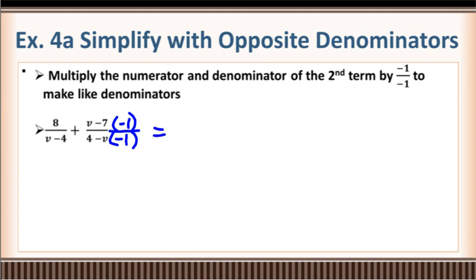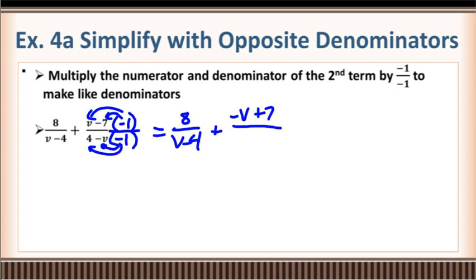So when I do that, I end up with 8 over v minus 4 plus distributes. I have a negative v plus 7 over distribute here. A negative 4 plus v. Now the denominators are the same, they just switch the order.